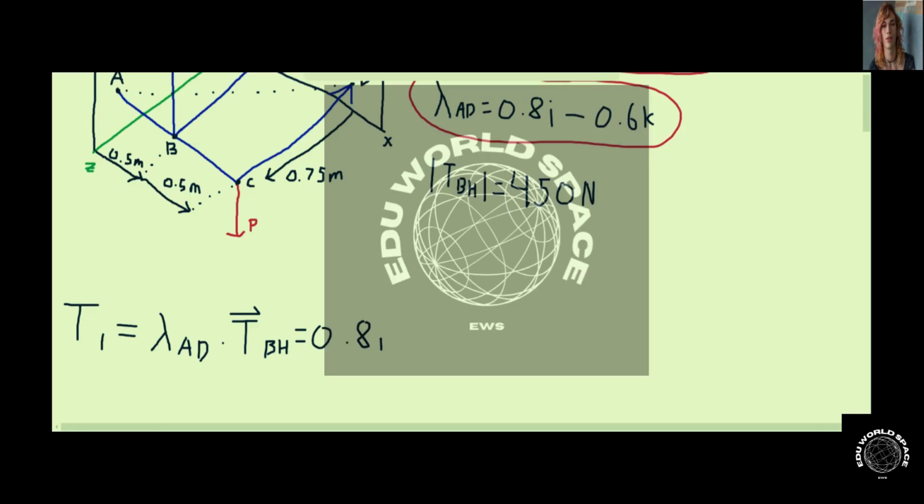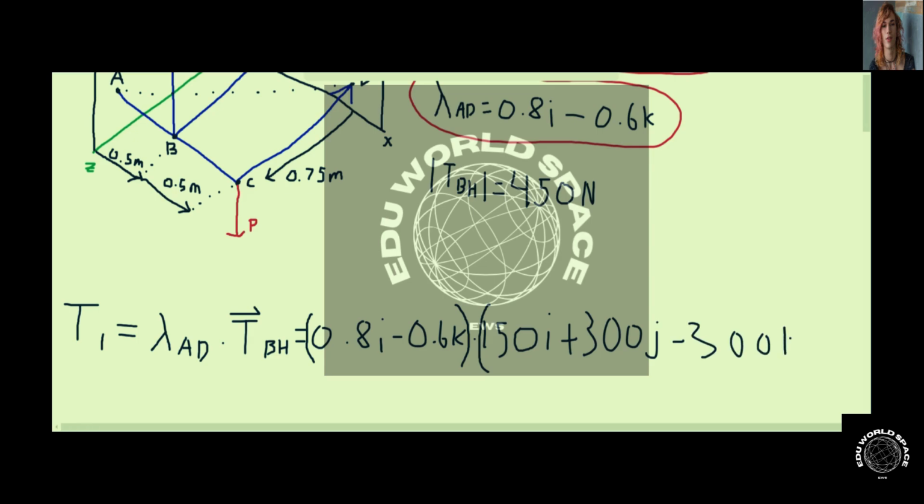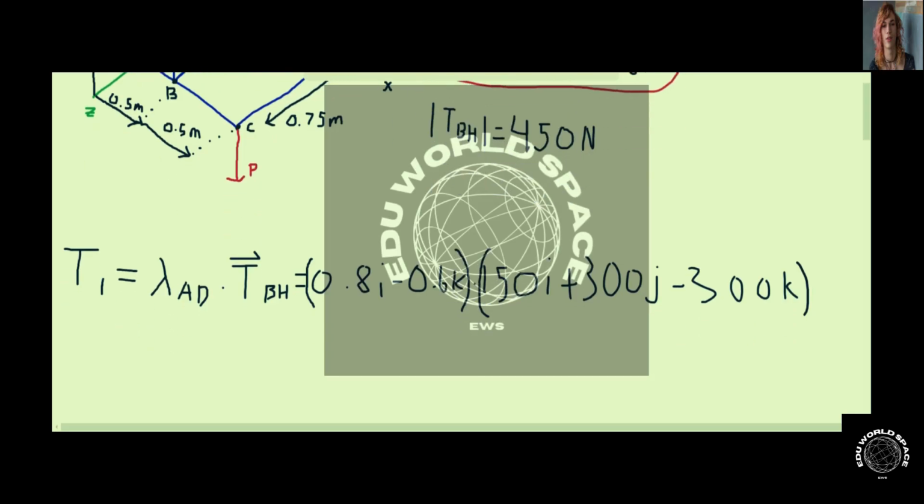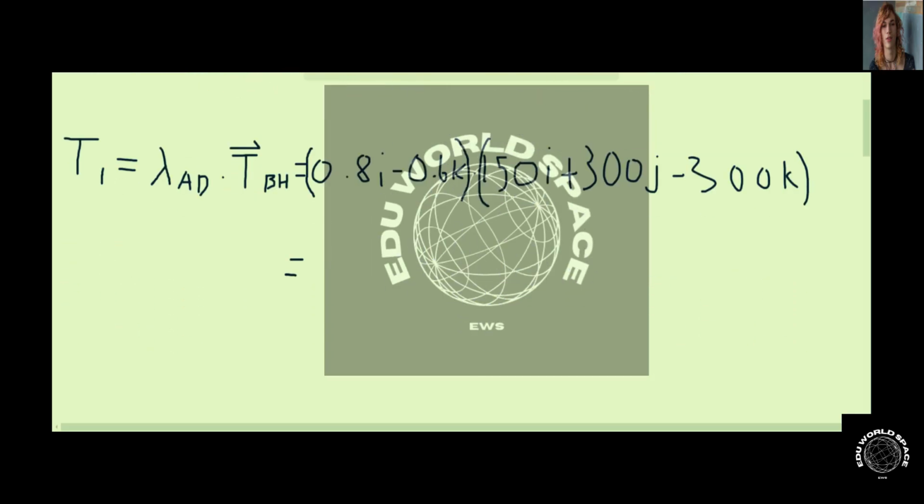So the unit vector dot the tension vector, and this will give us a parallel component of 300 newtons.